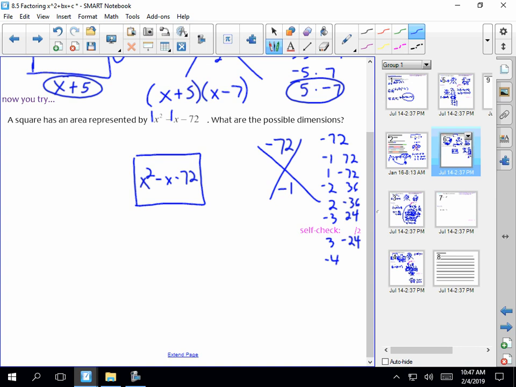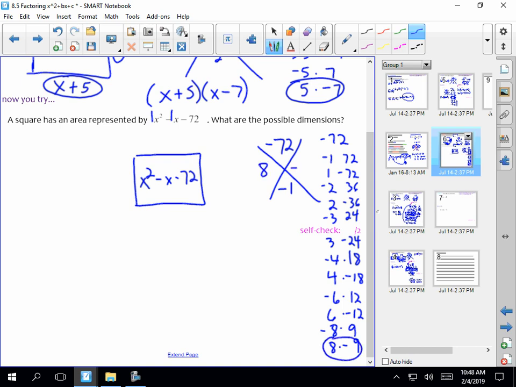But negative 4 and 18, positive 4, negative 18, 5, no, 6, negative 6 and 12, positive 6, negative 12, and then 7, no, 8, yes, negative 8 and 9, positive 8, negative 9. And it's not till the last one that it worked here.